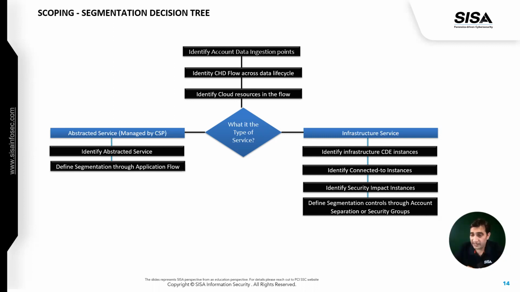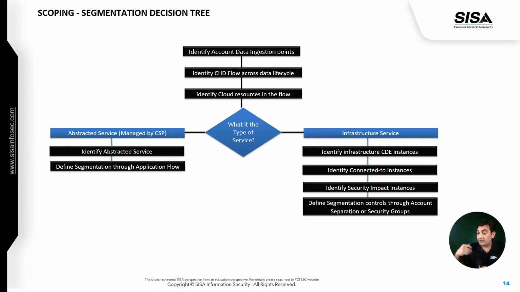On the other side, if you are hosting infrastructure, let's say virtual machines and all of that, then you need to identify the infrastructure cardholder data environment instances which are running on the cloud, and identify which systems are connected to these systems which are processing, storing, or transmitting cardholder data.